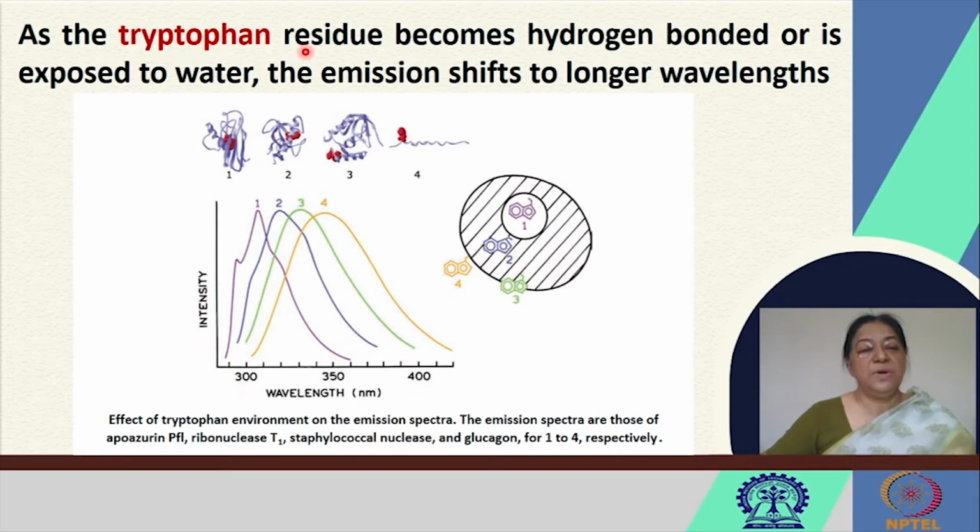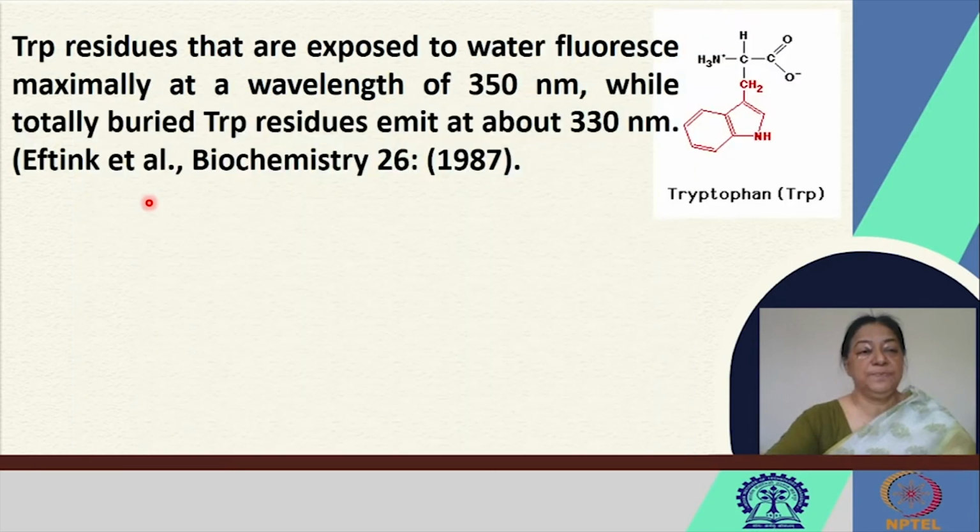As the tryptophan becomes hydrogen bonded or is exposed to water, the emission shifts to longer wavelength. That gives us an indication not only of the exposure of the tryptophan, but if we have ligand binding, we can also observe quenching of the tryptophan fluorescence.